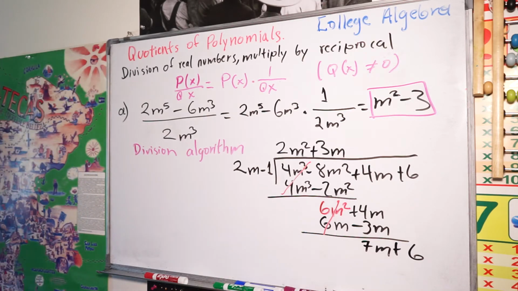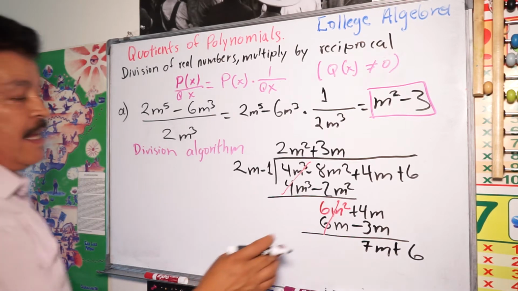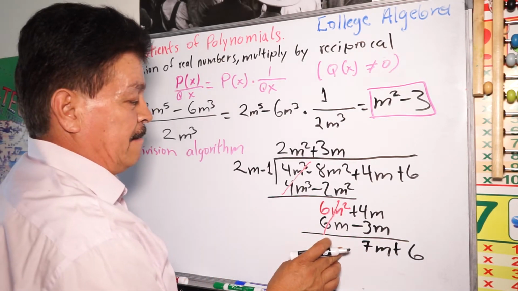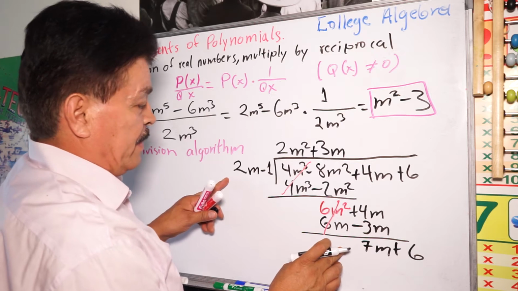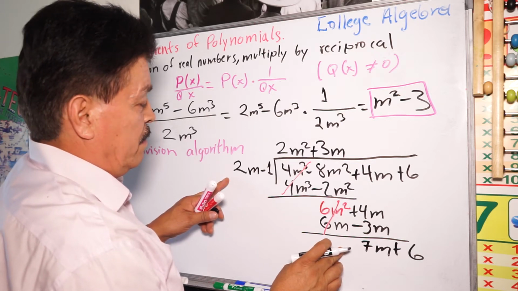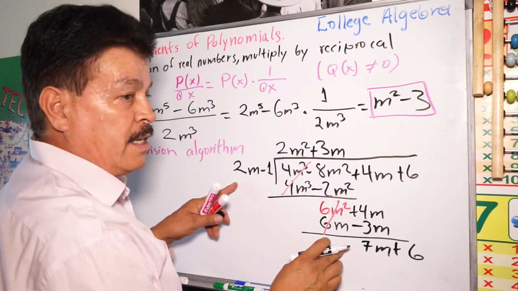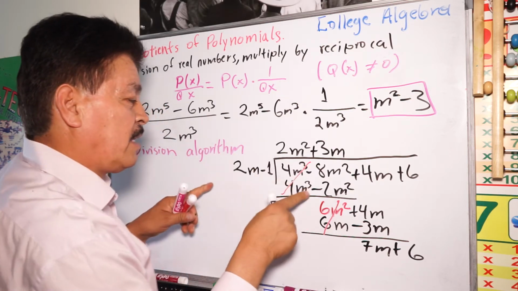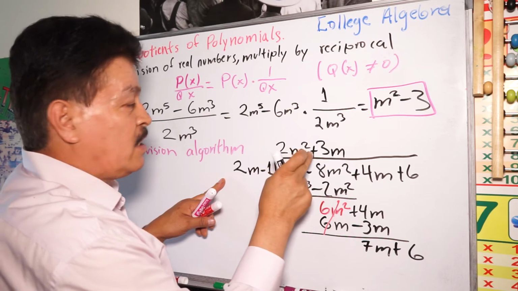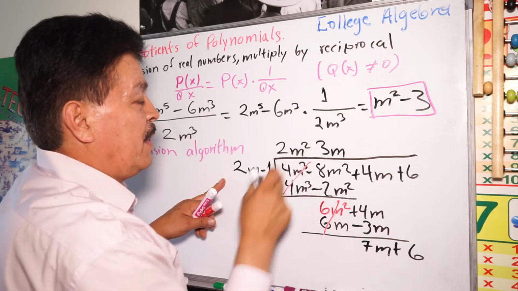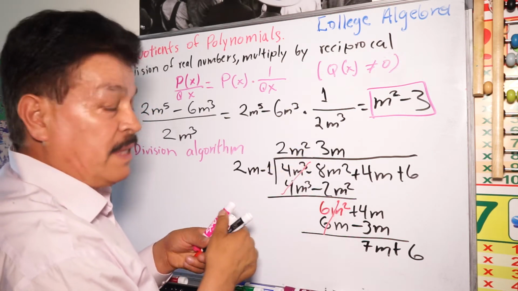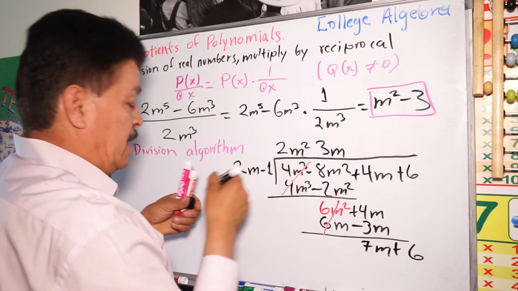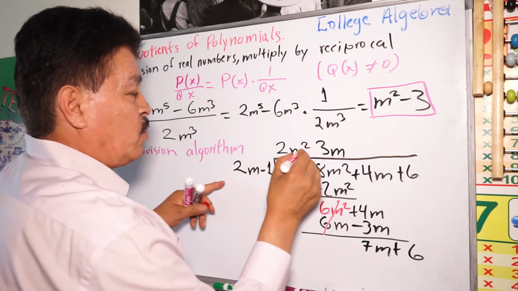Now the next step. No, this here is not okay. I'm checking. Look at this: this number is not positive, this is negative. When you write it here, it is negative.